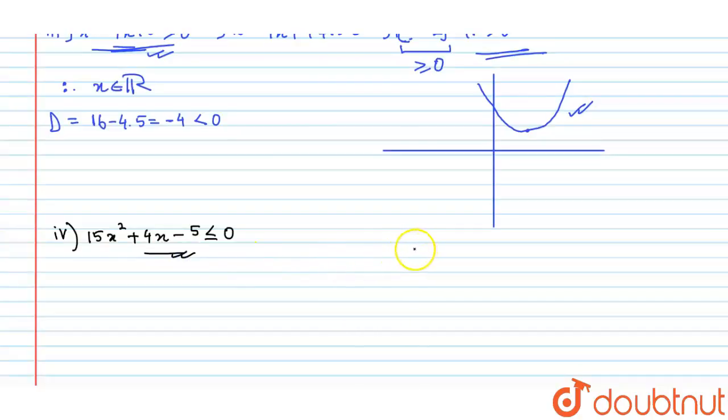So we can write x is equal to minus b, that means minus 4, plus minus root over b square, that means 16, plus 4 into 5, that means 20, and 4 into minus 5, that's why we have written it as plus. So 4 into 5 is 20, and 20 into 15, that means 300, divided by 2 into 15, that means 30.